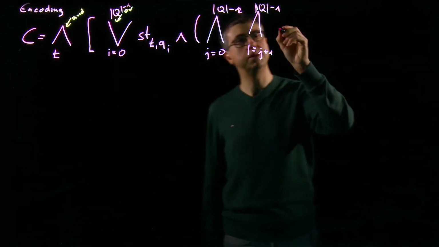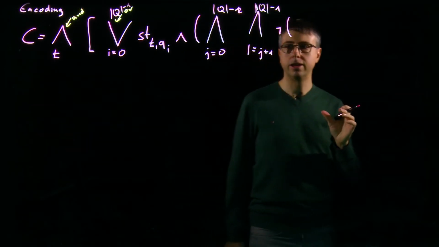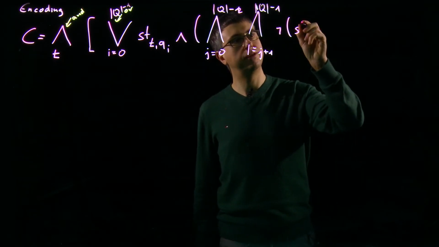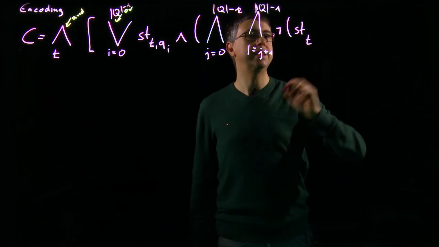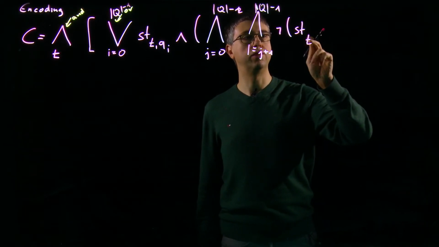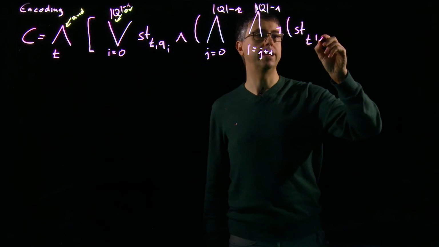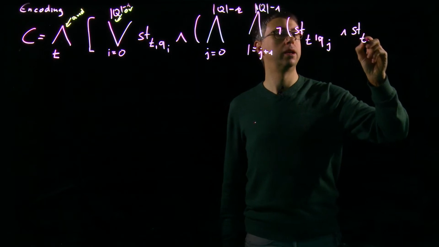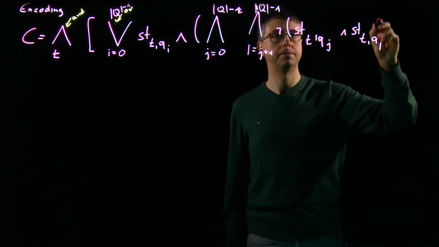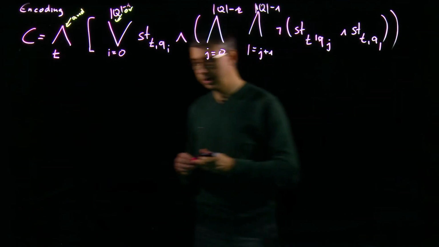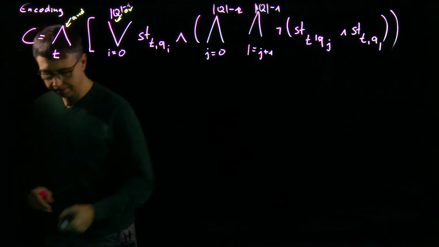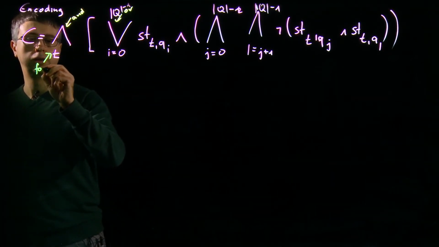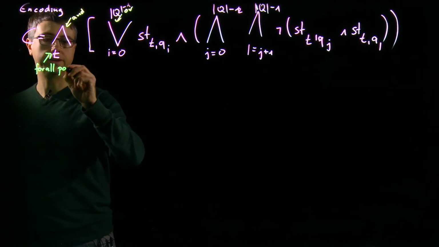And what I would like to specify is that it is impossible that two state variables are true at the same time. So I would not allow that for this fixed point in time, st is true for this point and the state q_j and state q_l. So this part here reads for all points in time.